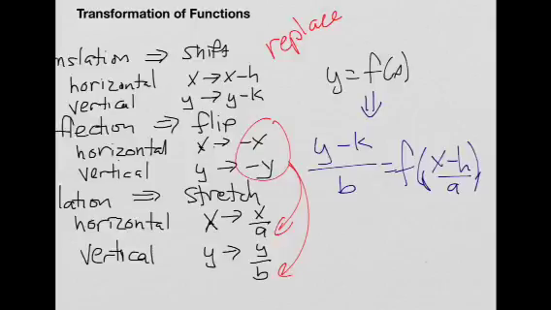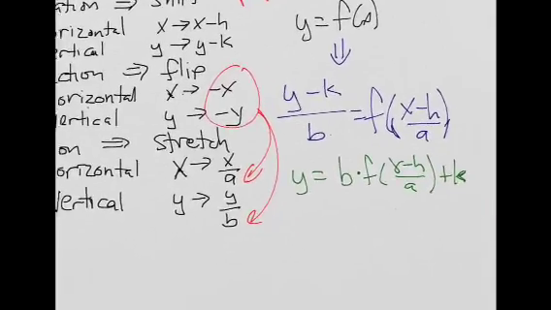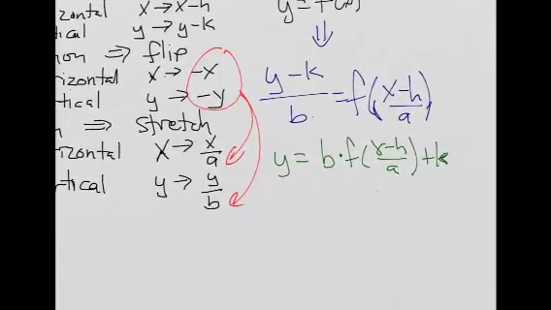Now, we like to look at this a little bit differently. It's a little more friendly if we solve for y. So we'll multiply by b, so we get b times f of x minus h over a, and then we add our k. But to make it even nicer, in most cases, we can look at a dilation.